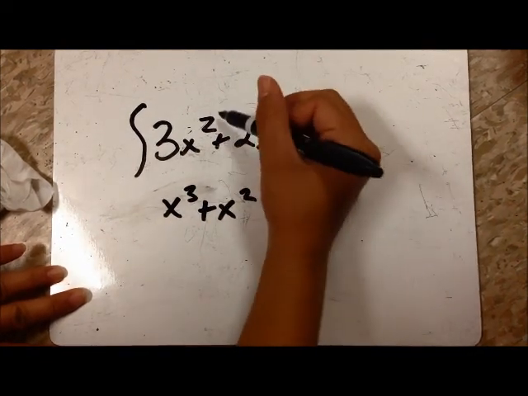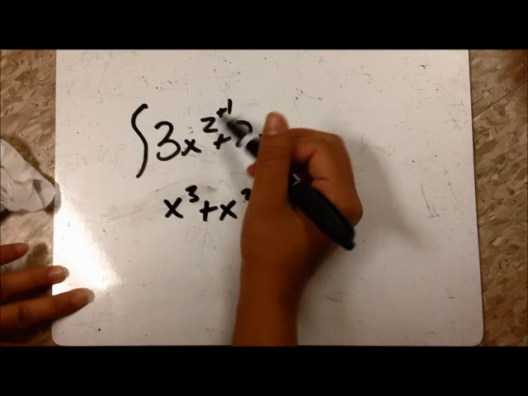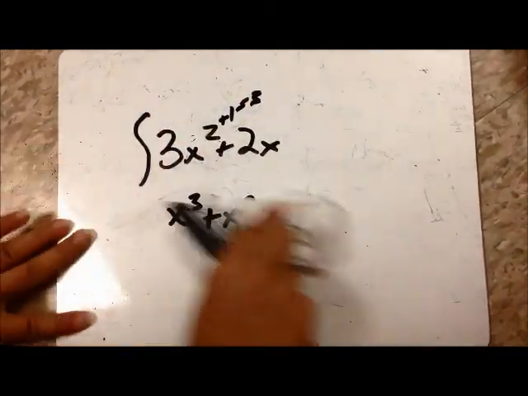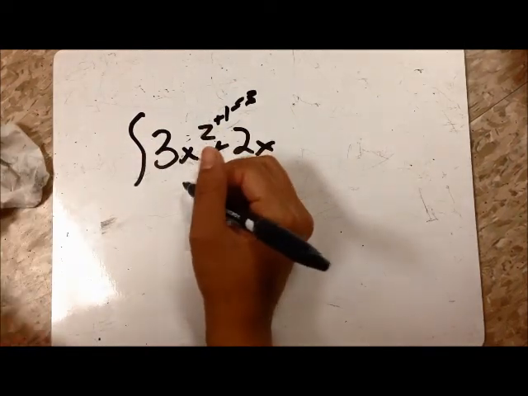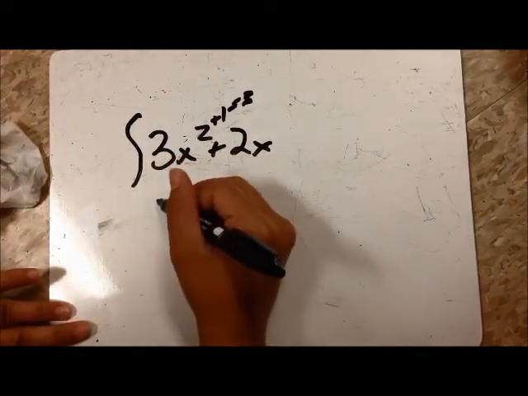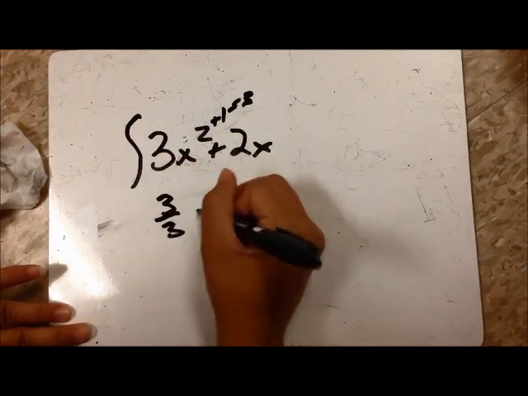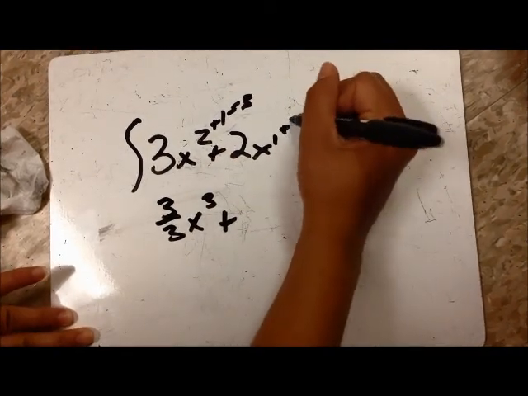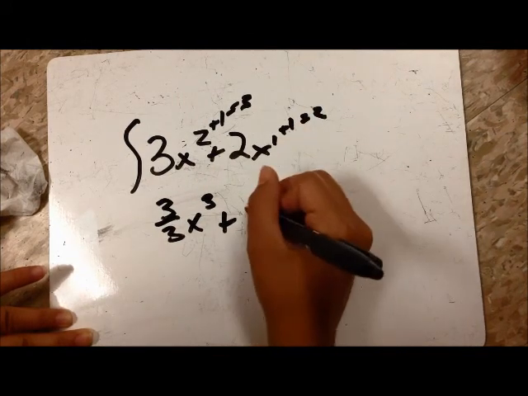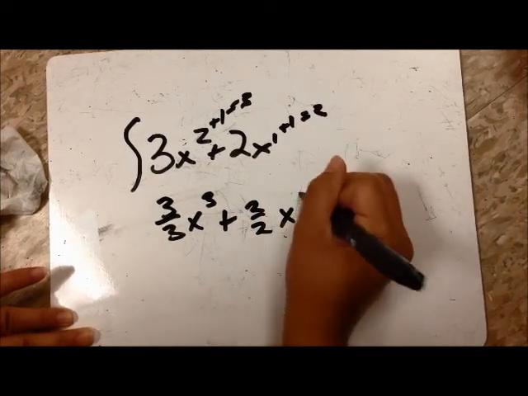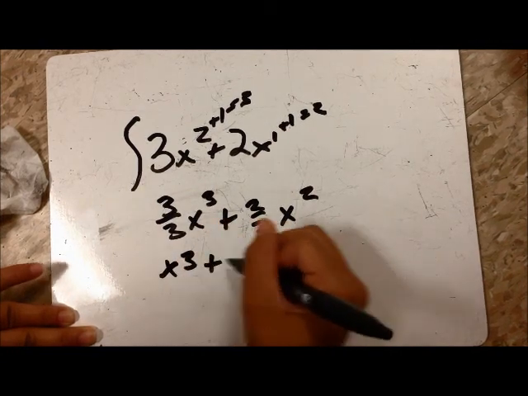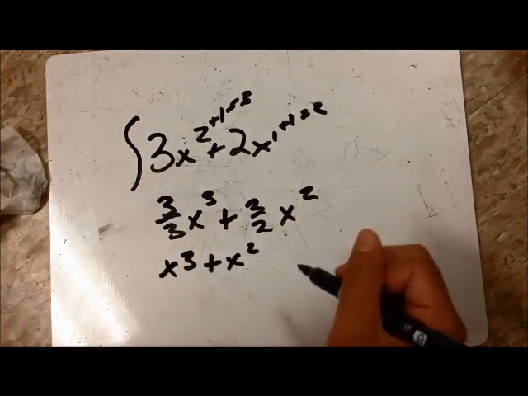Because we add 1, equals 3, divide by this. Here, I'll go step by step with you. So that's 3 over 3 x to the third plus, this is 1 plus 1 equals 2, 2 over 2 x squared, so that's x to the third plus x squared, okay?